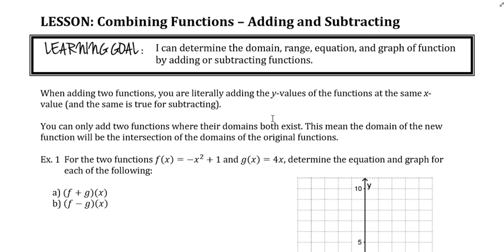So my domain will be simple. But functions like the logarithmic function or the square root function don't exist everywhere. Their domain is restricted. So if you're adding them, you can only add the two functions where both of them exist. Okay, and that goes for subtraction as well.